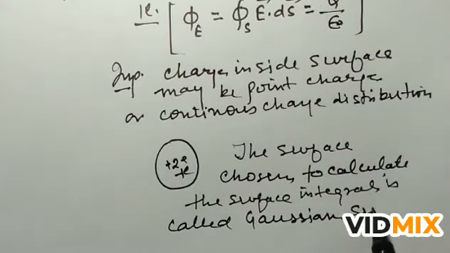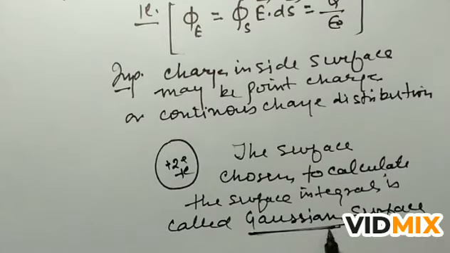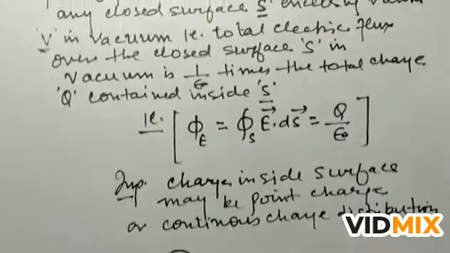Whatever surface we choose to find the total flux is known as the Gaussian surface. So this is also a very important definition: what is a Gaussian surface?